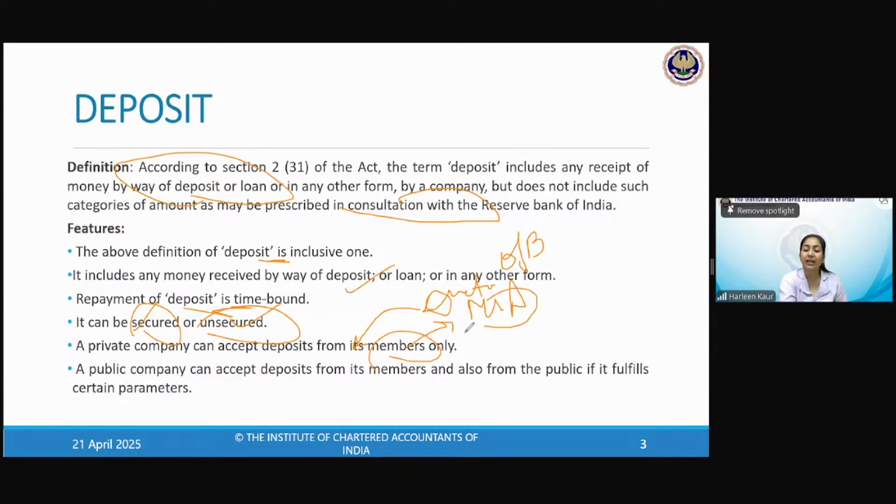Can a private company, ABC Limited, accept the deposits from Mr. A also? Why not? Because a private company can only accept the deposits from its members. It cannot accept the deposits from anybody else, meaning no one else in the public.